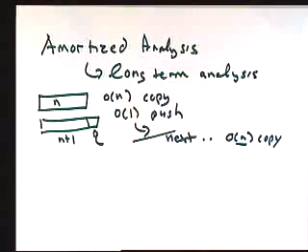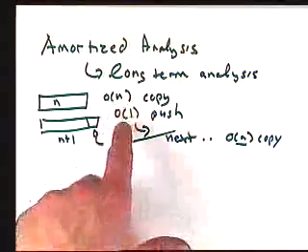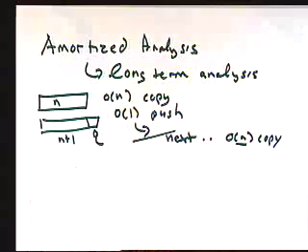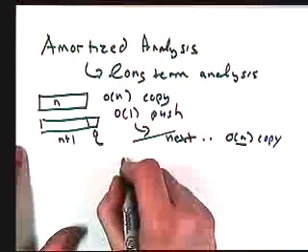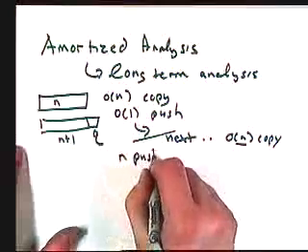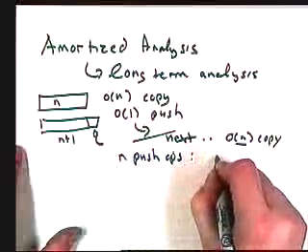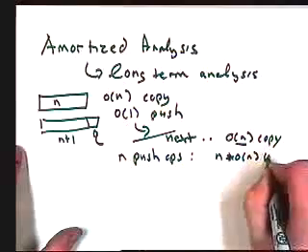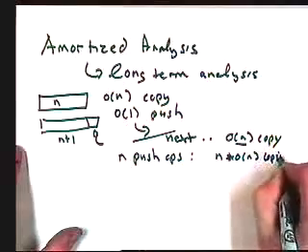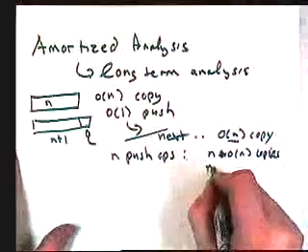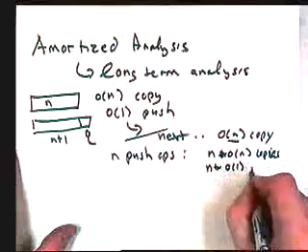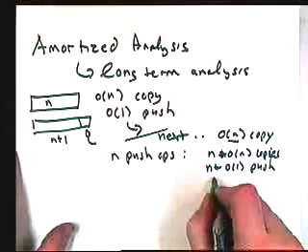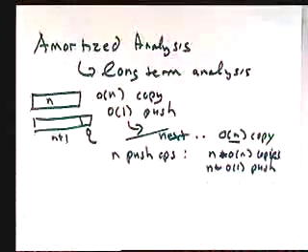Which means that we're going to tend to have an order n copy associated with every push operation, and so after n push operations, we would have n times order n copies, and n times order 1 push operations, and that ends up being order n per operation.